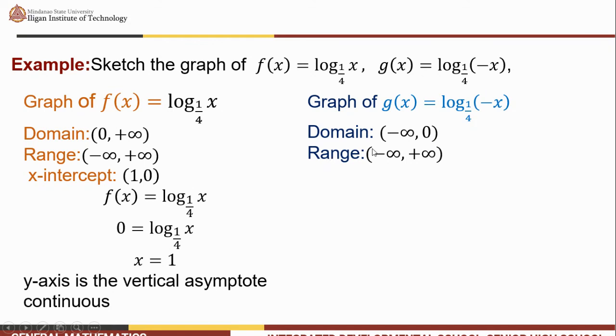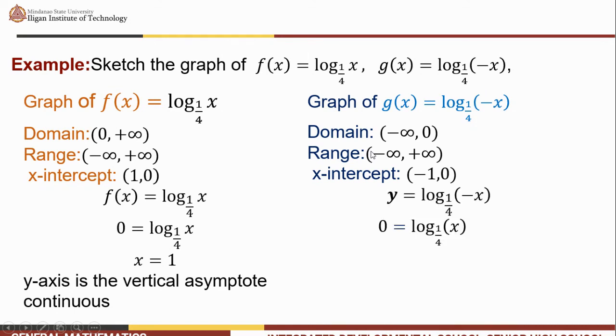For our range, we have the set of all real numbers. For the x-intercept, we have negative 1, 0. How do we get that? So, we let y equal to 0. And the only value of x that will make this specific function equal to 0 is just negative 1.